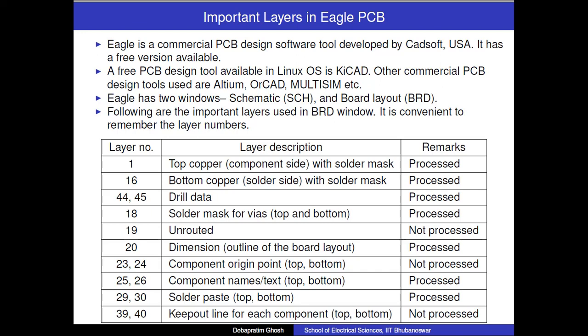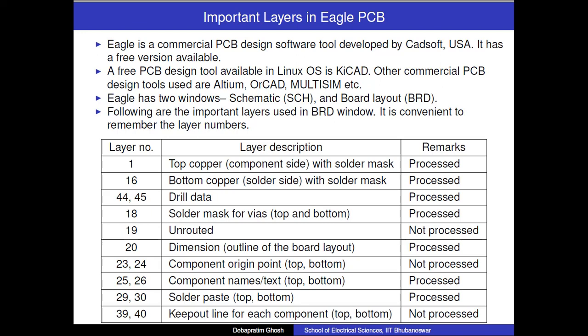29 and 30 is the solder mask or the solder paste for non-wires or the points at which you want to solder components, and that can happen for top and bottom. 29 is for top, 30 is for bottom. Now 39 and 40 are the top and bottom layers for keep out.